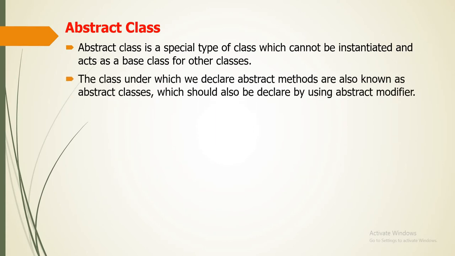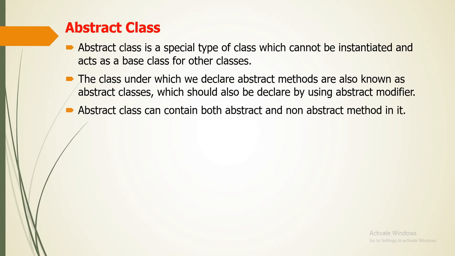The next point is that the class under which we declare abstract methods is also known as an abstract class, which should also be declared by using the abstract modifier. So the class which contains the abstract method is also known as an abstract class, but we need to use the abstract modifier to declare the class as an abstract class.